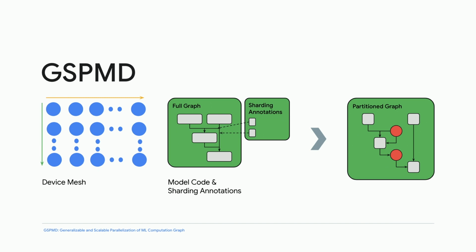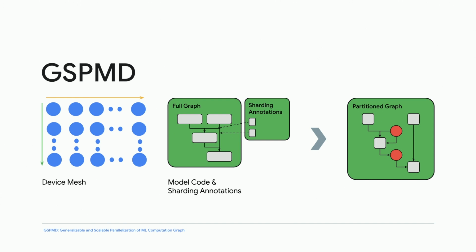GSPMD was introduced in a 2021 paper from Google Research. The XLA-SPMD partitioner in this work allows you to express your tensor parallel and pipeline parallel architectures. You define your device mesh configuration and then specify sharding annotations for the full model, providing hints on how some of the key tensors should be distributed across the device mesh.